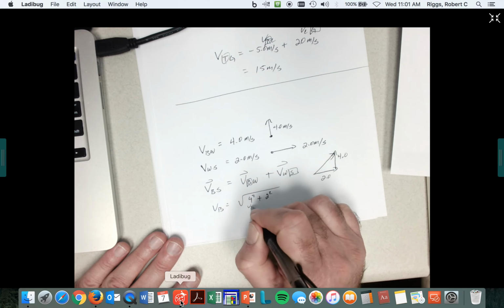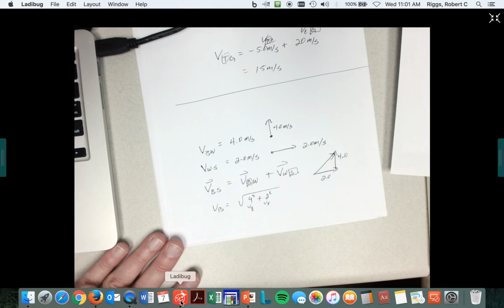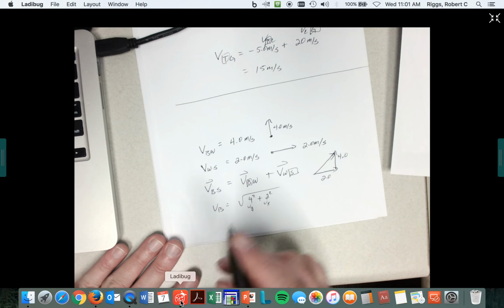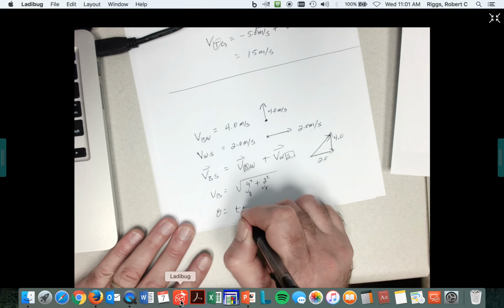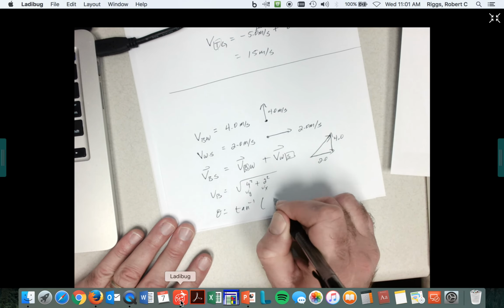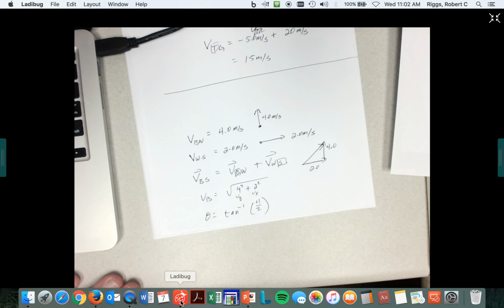I kind of mixed up my y and my x there from what you're normally used to seeing. And whatever that comes out to be. And then the angle would be the inverse tangent of 4 over 2. Okay?